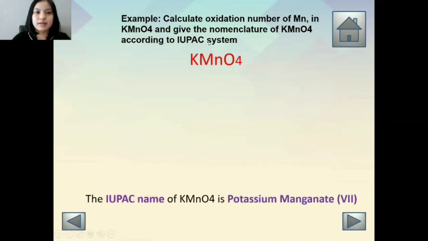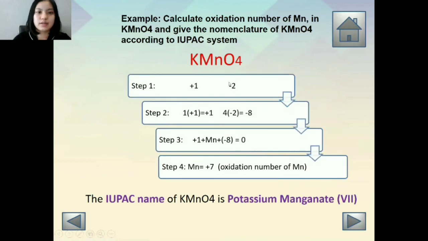Look at this example. Calculate the oxidation number of Mn in KMnO4 and give the nomenclature according to the IUPAC system. This includes several steps. Step 1, we write out the charge: K is +1 and oxygen is -2.